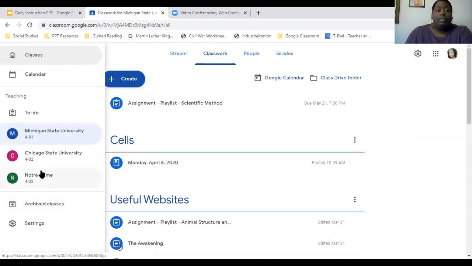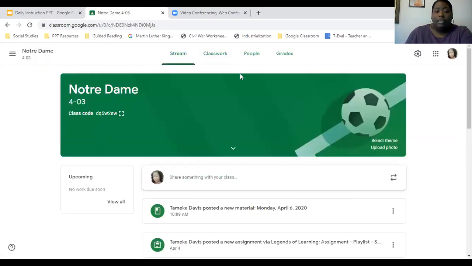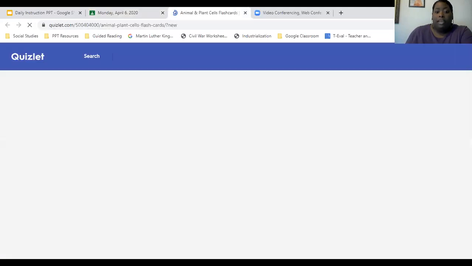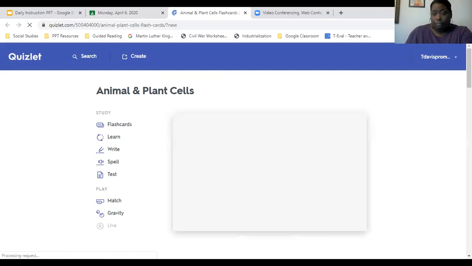All right, so we're going to work out of Notre Dame today. I'm going to just click the tab from the classwork stream, and it'll bring us to today's instruction. So we're going to start out with our vocabulary, our FAB vocab.